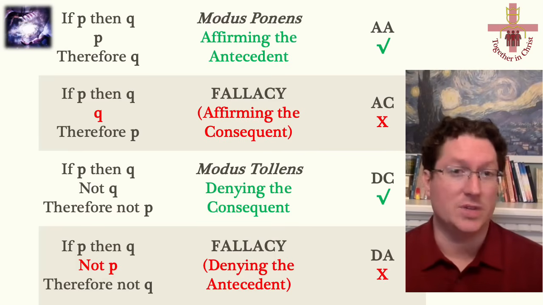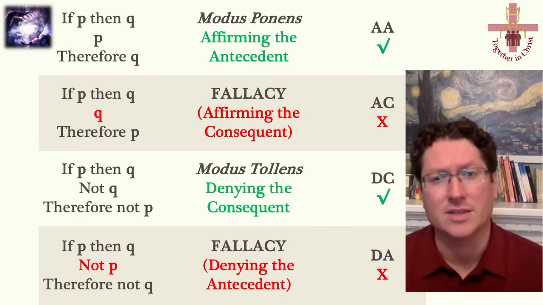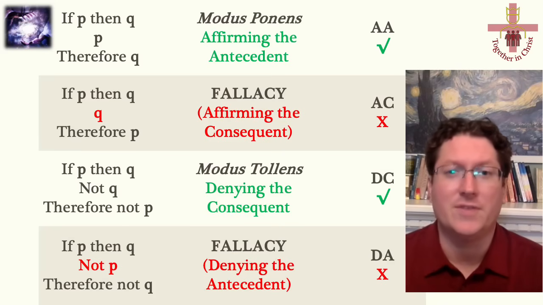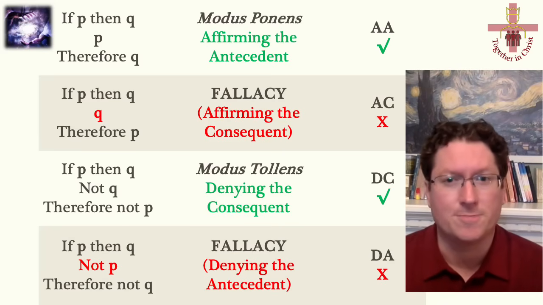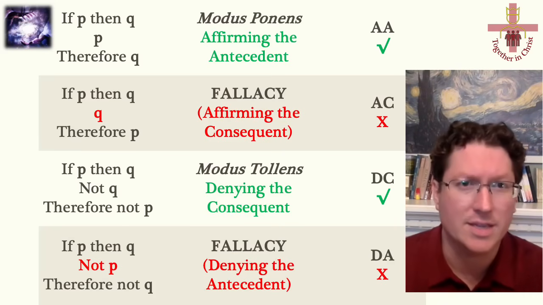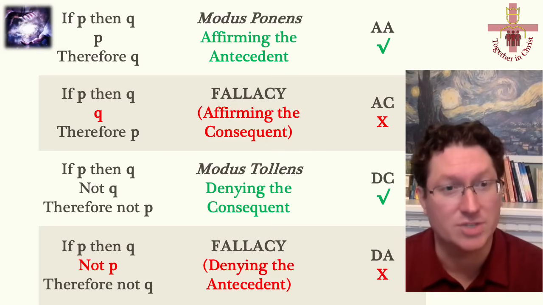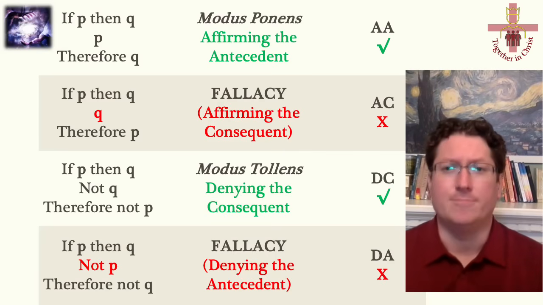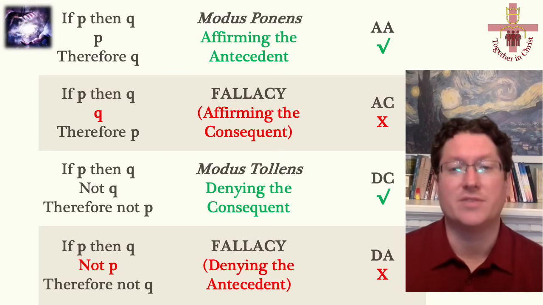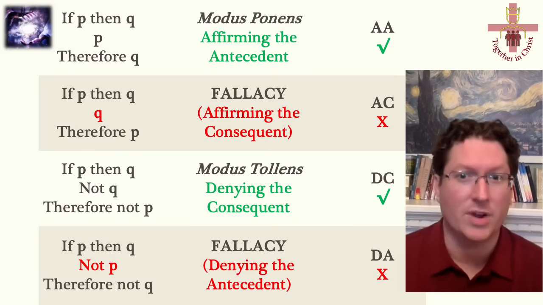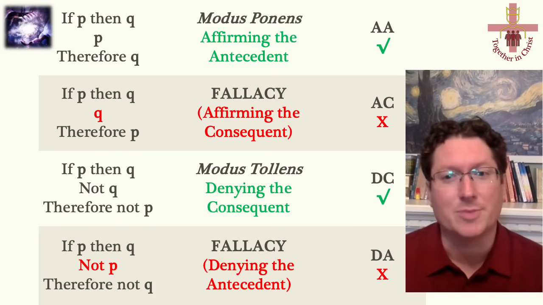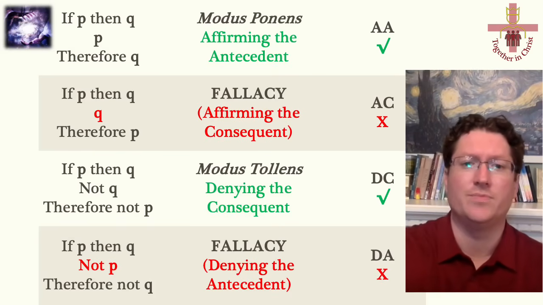For example, Lisle provides an example of a perfectly valid modus tollens argument. So that's an argument that denies the consequent, which is valid. But because it has a premise that violates the AIP test beforehand, it's unsound and must be rejected despite being valid.